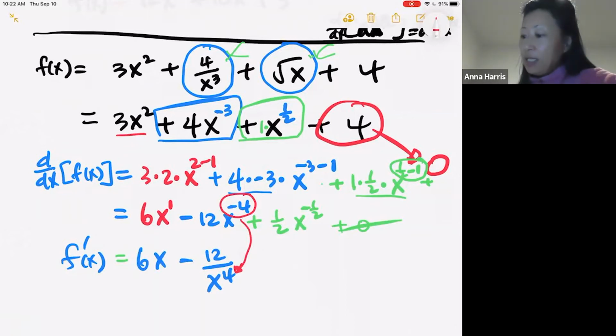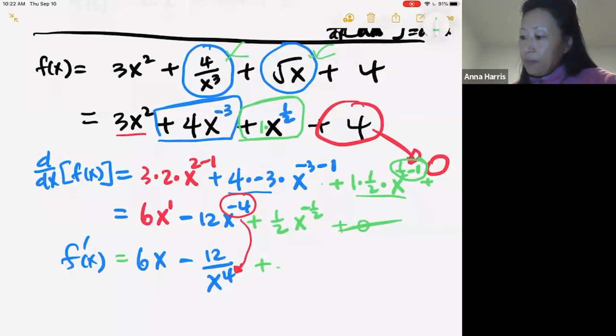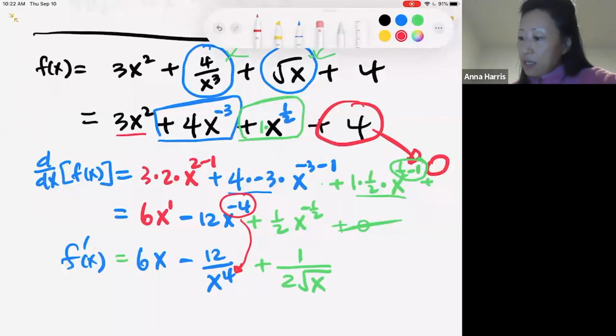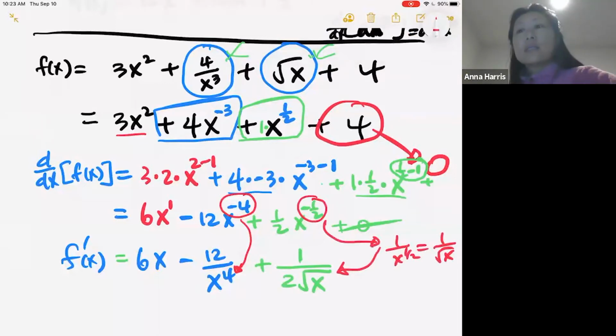All right, same thing, plus 1/2 square root of x. Does everybody see it? This goes to the denominator. This is the same as 1 over x to the 1/2, that's the same as 1 over square root of x. That's how you got it. All right, so you're done.